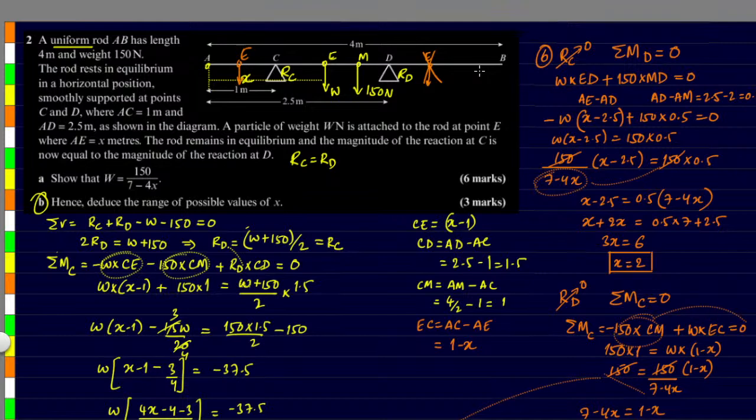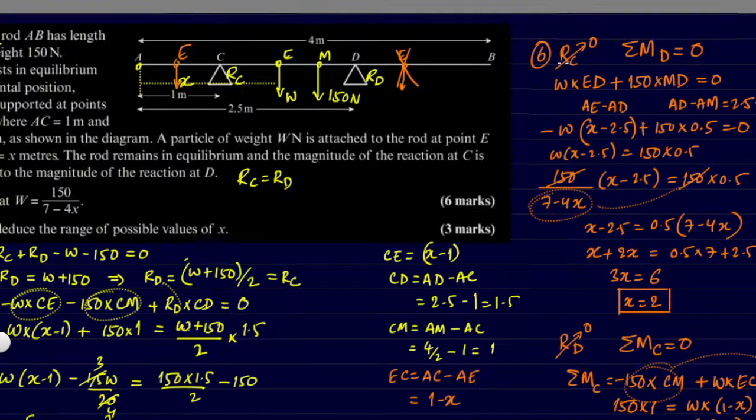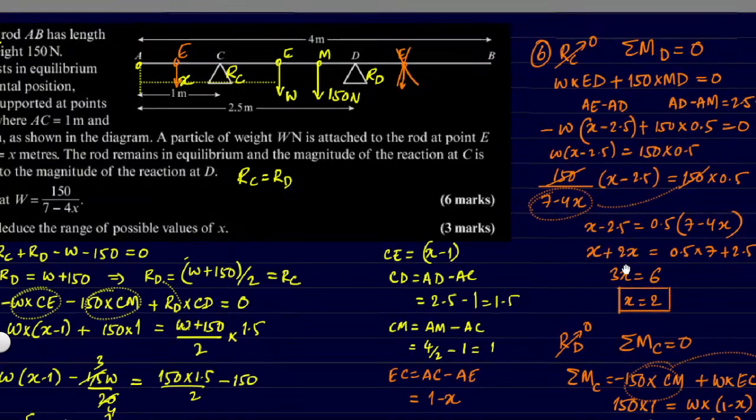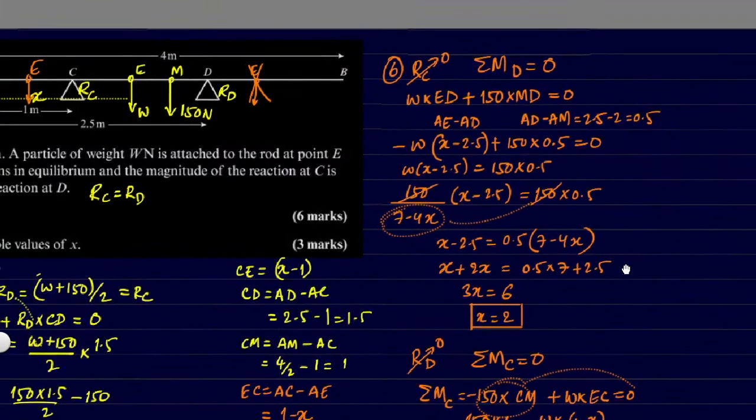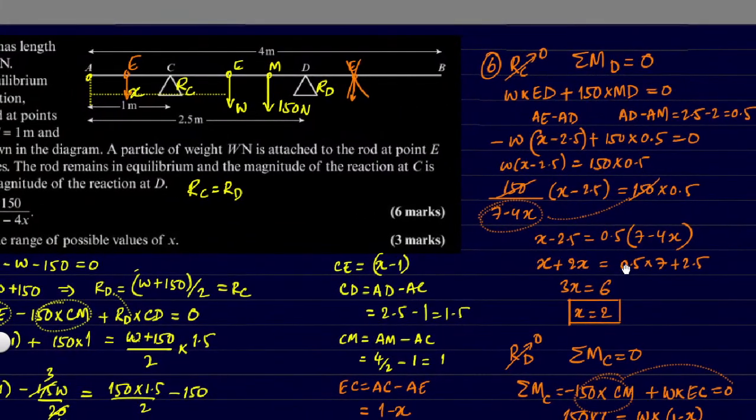X minus 2.5. Okay, in both cases we made a mistake, I think. So when we are taking moments about this point, we have to take the length CE, no? Yes. What is CE? C to E. W into ED I had taken. No, it's correct.